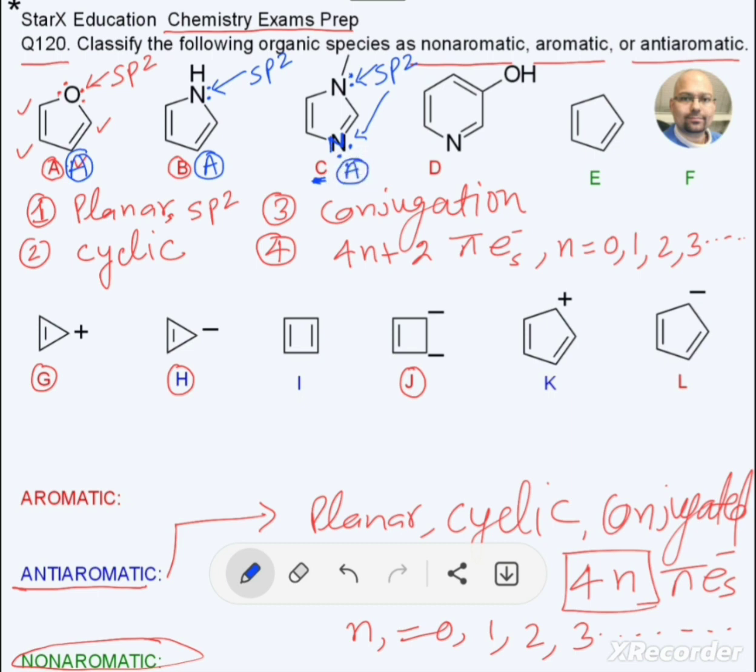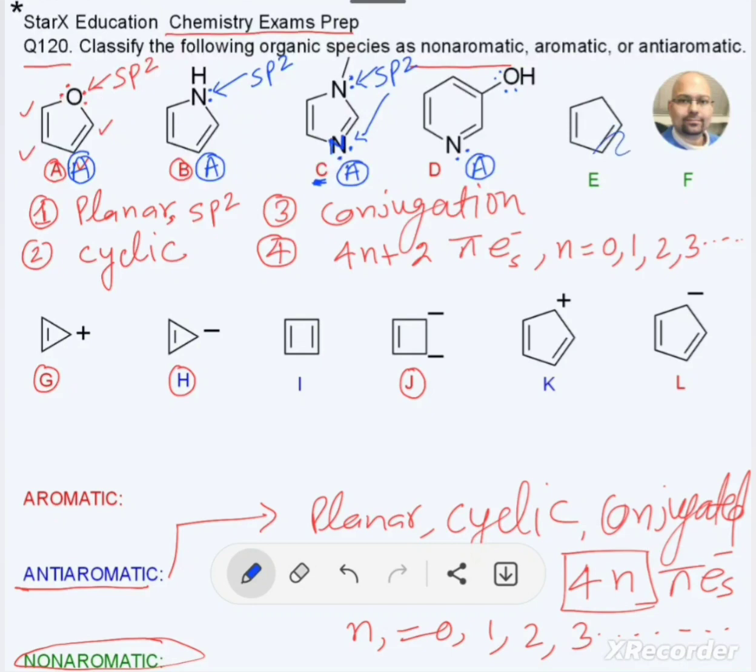Now compound D, this is a derivative of pyridine. Similarly, the nitrogen here, the lone pair is in the sp2 hybridized orbital, and the p orbital is what is taking part in the conjugation. Therefore D is also aromatic because it's planar, cyclic, and it's got conjugated 6 pi electrons. The oxygen here also has 2 lone pairs of electrons, but they do not take part in the resonance in this structure.